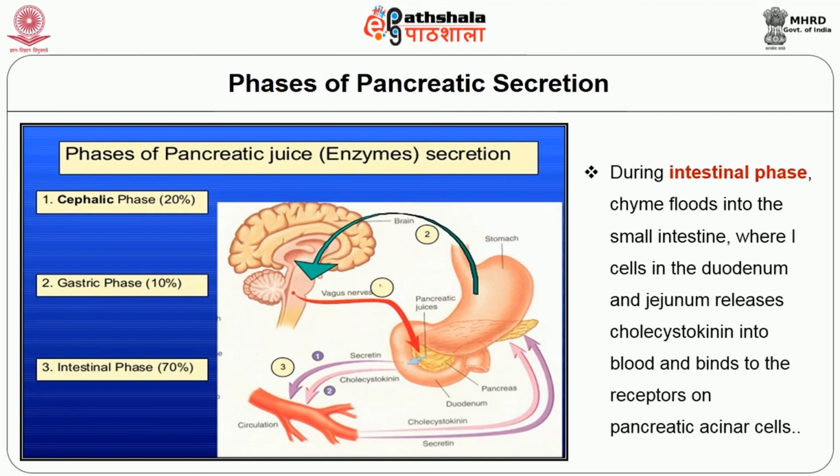During the intestinal phase, chyme floods into the small intestine where I cells in the duodenum and jejunum release cholecystokinin into the blood, which binds to the receptors on pancreatic acinar cells and instructs them to secrete large quantities of digestive enzymes.